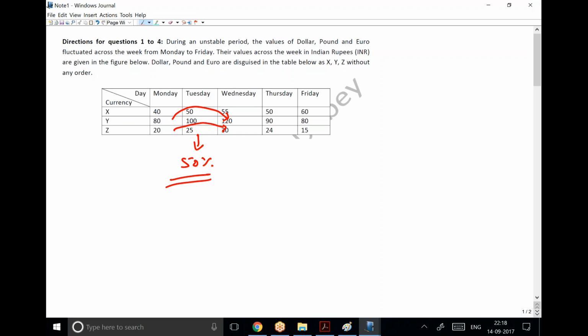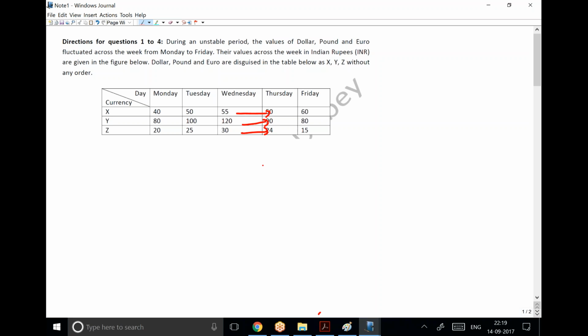Immediately you can say in both cases, whether you invest in currency Y or currency Z, ultimately on Wednesday you will get a 50% increase. And then you should not invest on Wednesday. Why? Because from Wednesday to Thursday you can see all of them are decreasing. So you should not invest on Wednesday itself.